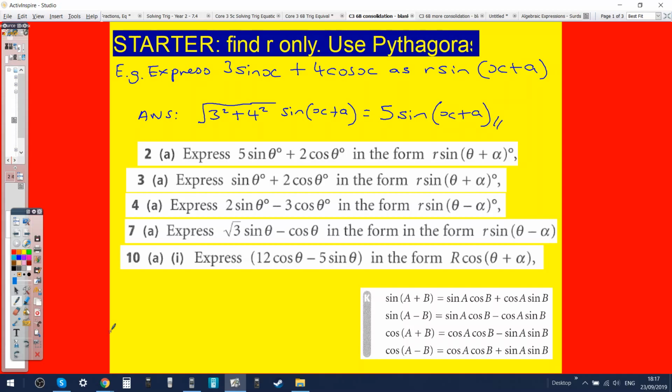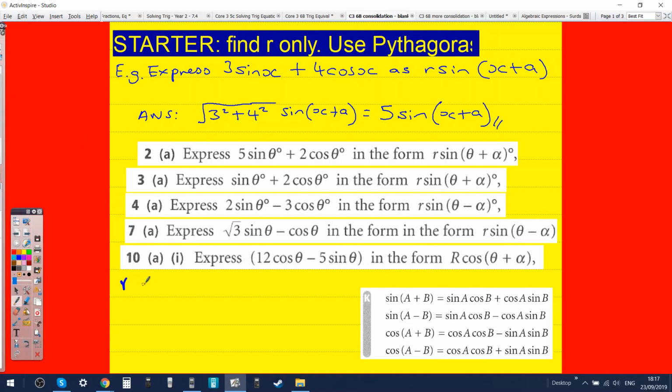Can you hear me okay? Mm-hmm. Okay. In the form r sine theta plus alpha. So I'm trying to think again of how you started off, because that's the thing I always forget. So you divide was? No, that won't work anymore.